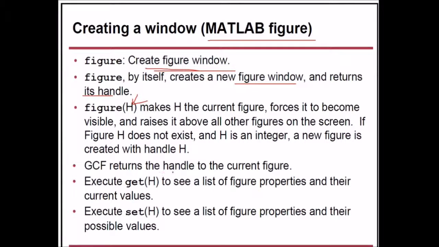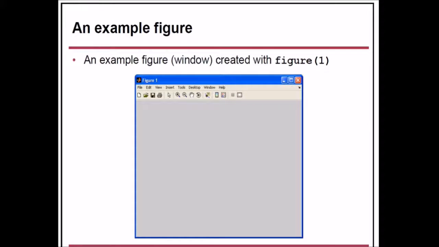GCF returns the handle of the current figure. You can execute get(H) to see a list of figure properties and their current values, and you can execute set(H) to see a list of figure properties and their possible values. This is how your figure opens.